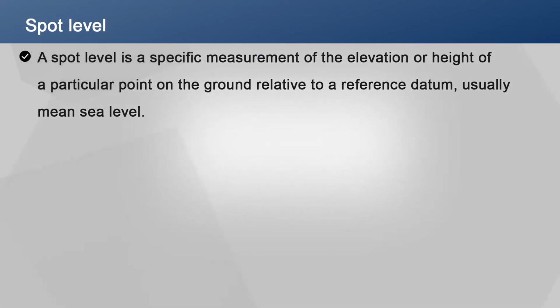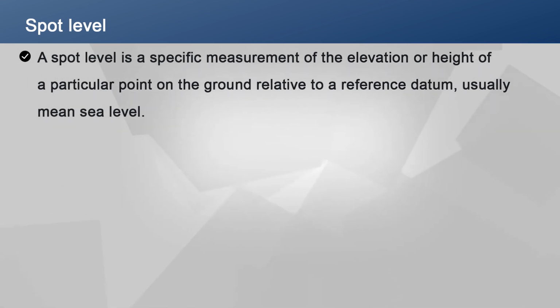Now, we will try to understand one important terminology, which is spot level. What is a spot level? Spot level is measurement of the elevation or height of a particular point on the ground relative to a reference datum. Usually, reference datum is mean sea level.